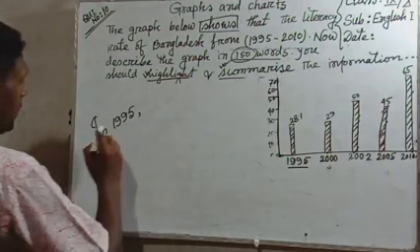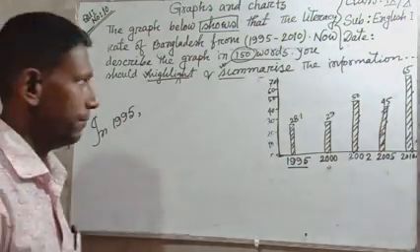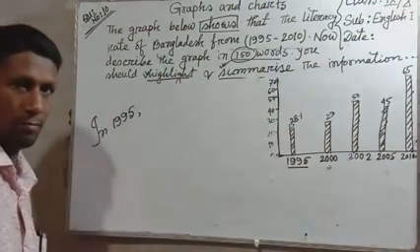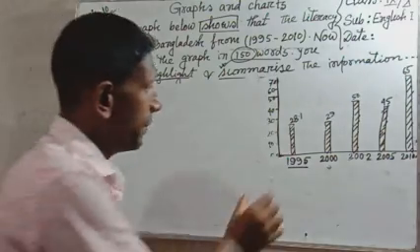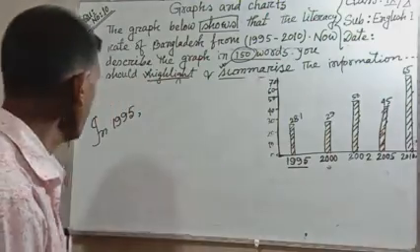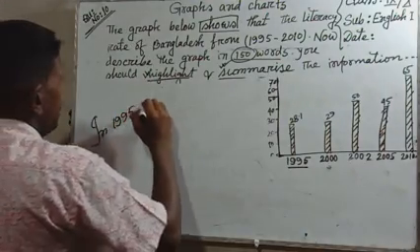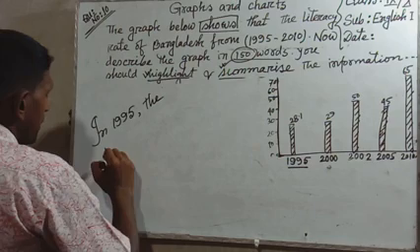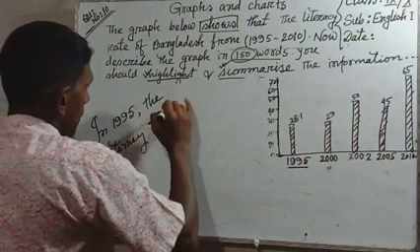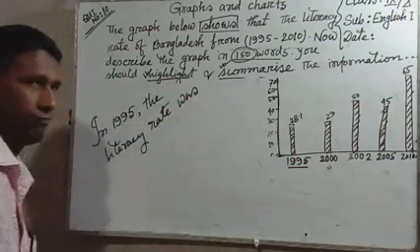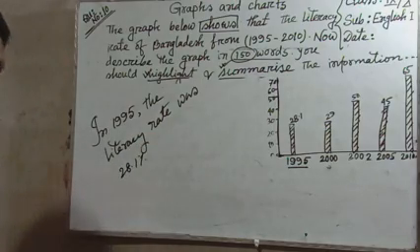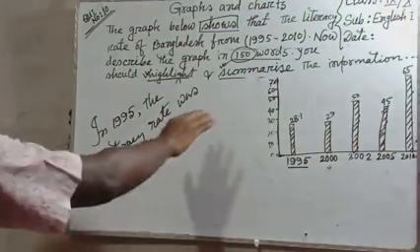So in 1995 the literacy rate was, because it is the previous time, ancient time, 28.1%, maybe.